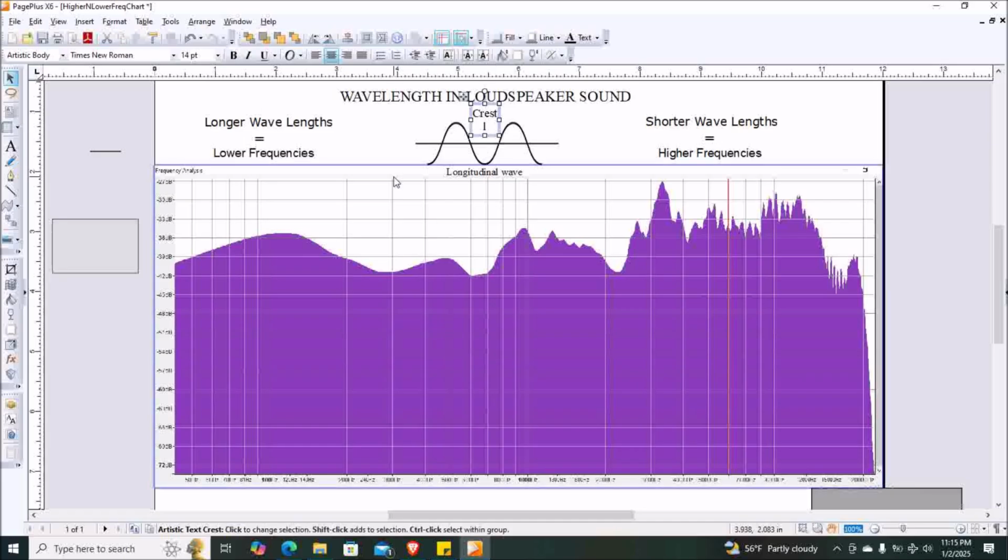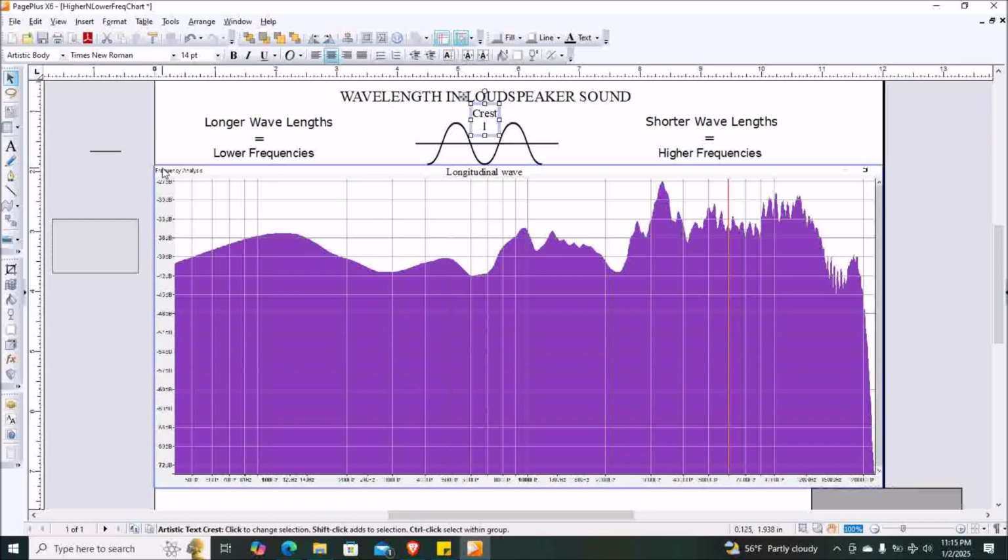When you look at sound and at this chart that was taken with the response of this loudspeaker, you can actually see the wavelengths in action. The longer the wavelength is, the lower the frequency is, and the shorter the wavelength is, the higher the frequency is.